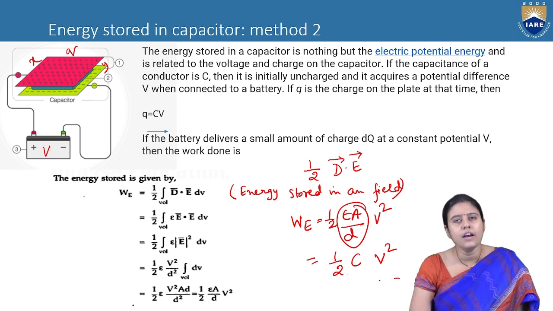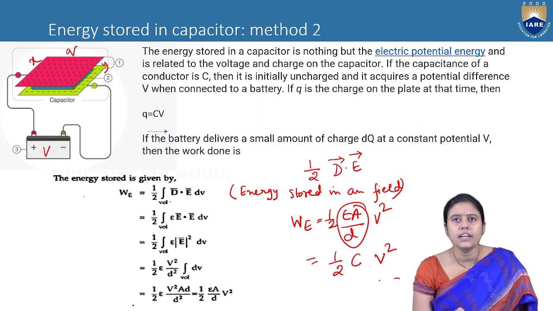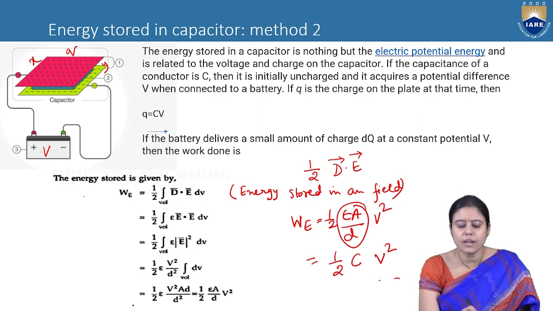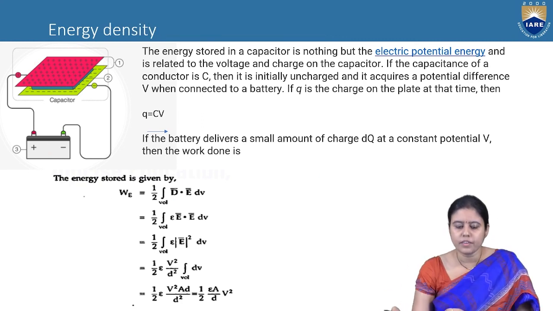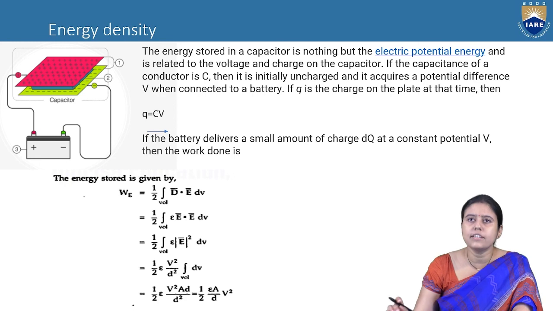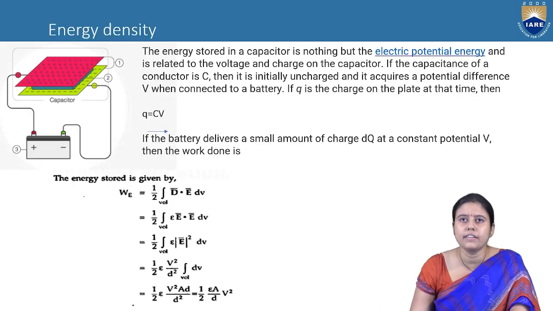So we are telling this from the view of the electromagnetic field, that the energy stored in a field can be written as half the volume integral of D dot E. This is the main thing to remember. So what is energy density? Energy density is nothing but the energy stored per unit volume.